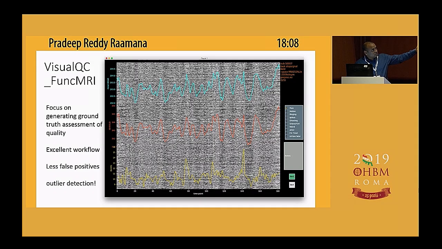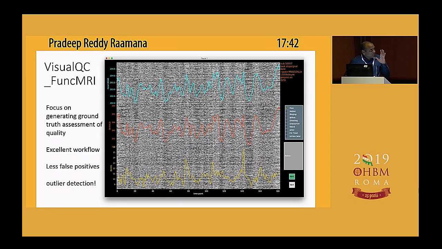And I don't know if you can see the colors. I overlaid some of the per time point stats in three different panels: top, middle, and the bottom. The top is the main bold signal at each time point, the middle is the standard deviation of the bold signal, and the bottom is DVARS, a specific metric which is very useful for QA, QC of functional MRI.